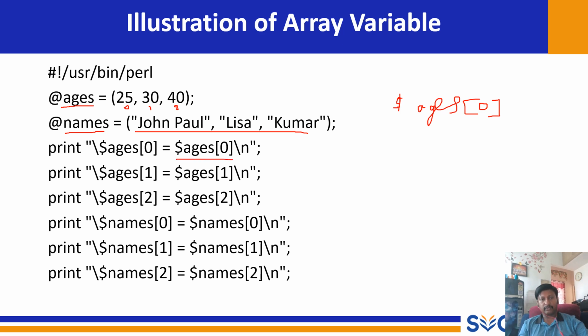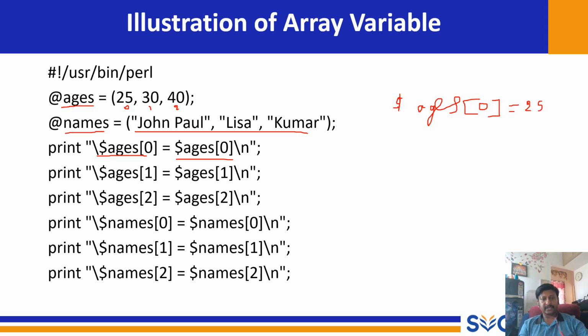But here I'm going to use a slash. So you output only the string here, not the value. So you get an output like $ages[0] equals 25. This is your output for the first print statement.